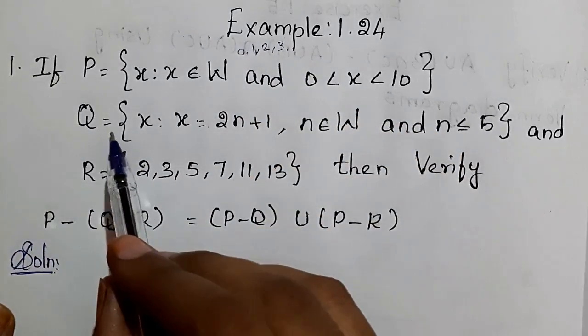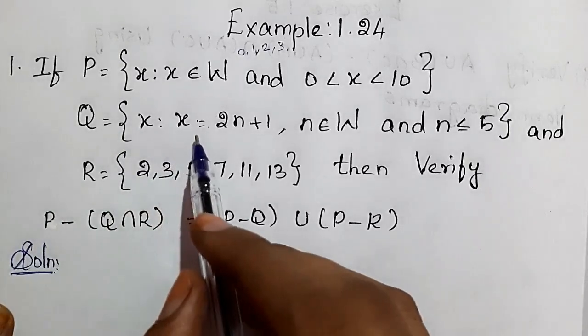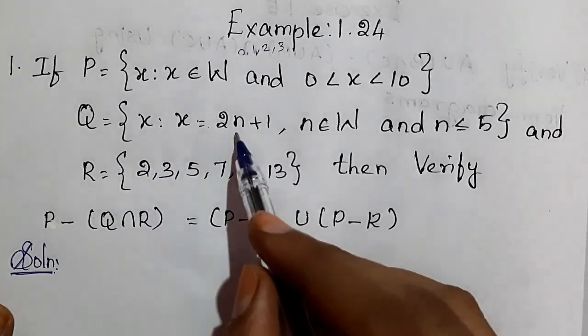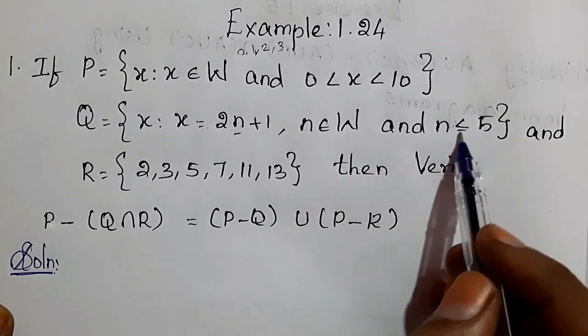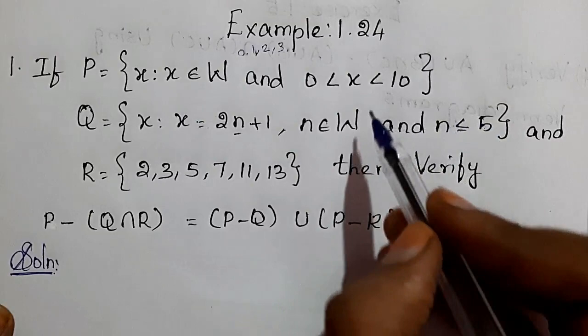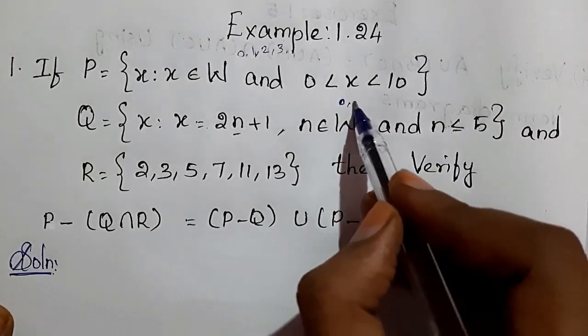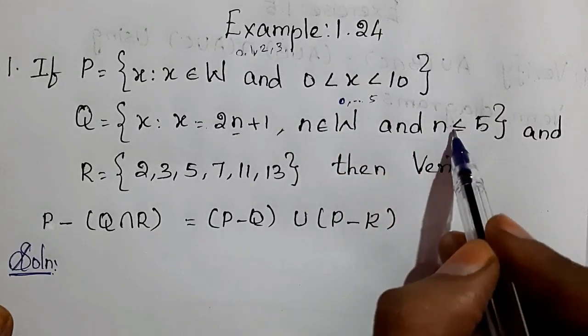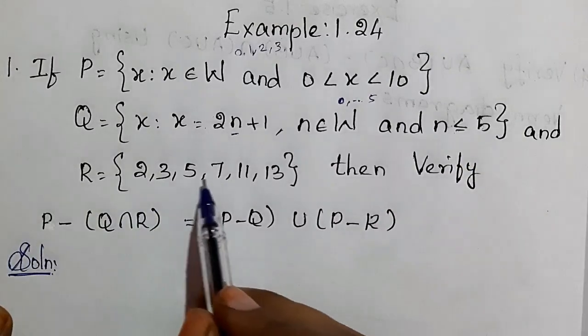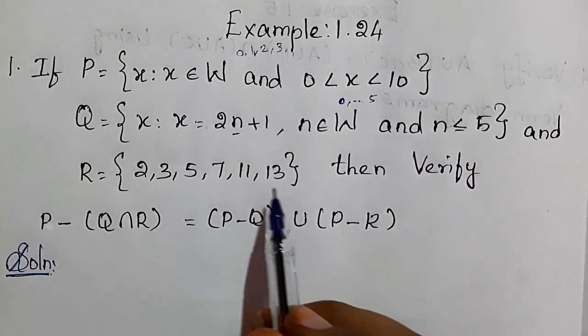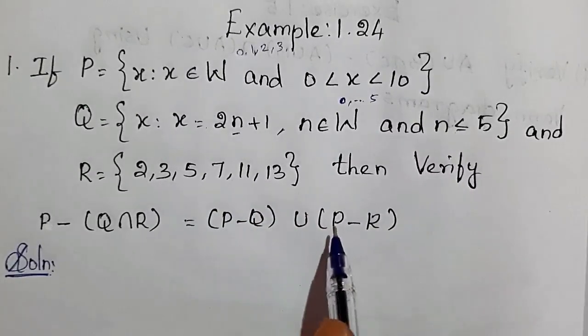So next one, Q equal to set of all x such that x equals 2n plus 1, where n belongs to W. Again W is whole numbers. Also this n value is less than or equal to 5. So it is starting from 0 up to 5 because they are given less than or equal to 5. R equals the set of 2, 3, 5, 7, 11, 13. It is given directly.